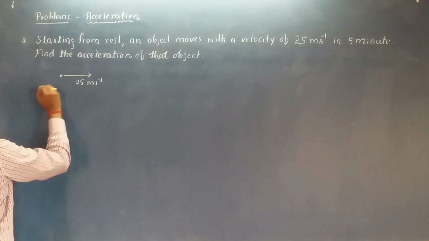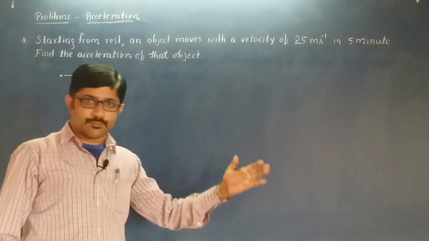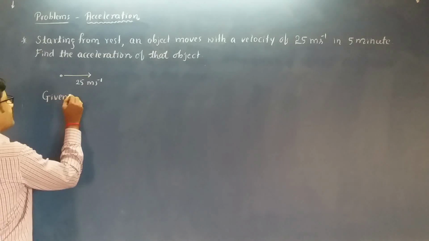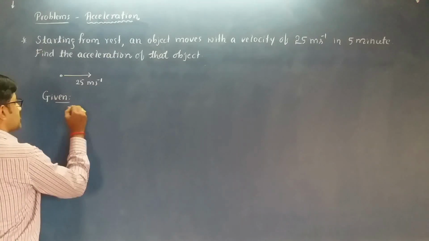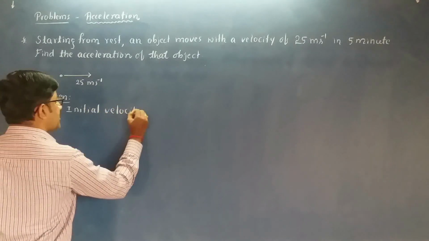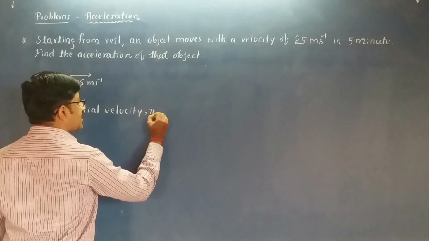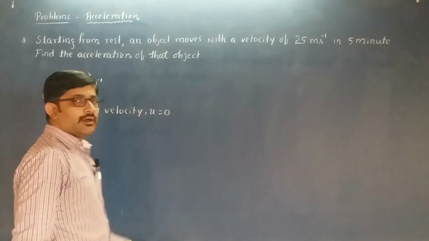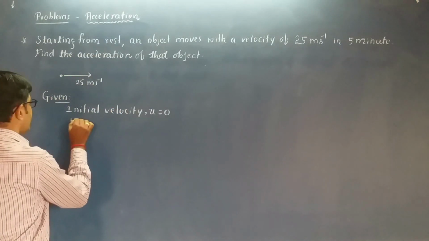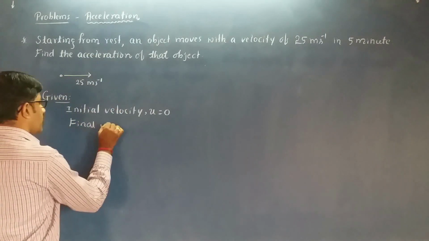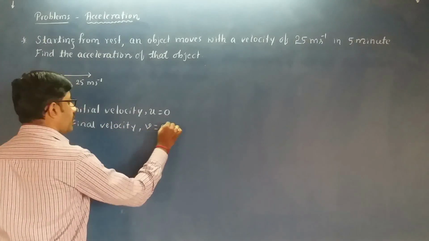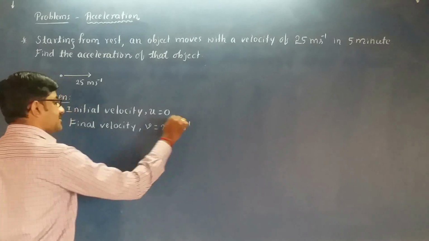So the object starts moving from rest, which means, according to the given data, initial velocity u is taken as 0. It is starting from rest. Now the final velocity v is equal to 25 meter per second.